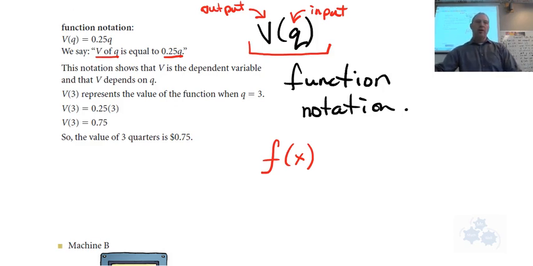So, the good thing about this function notation is, again, you have the input variable written in the function notation. So v of 3 means that 3 was the input variable, so you put 3 into the function, and then you calculate. So if we had 3 quarters, the value would be $0.75 or 75 cents.